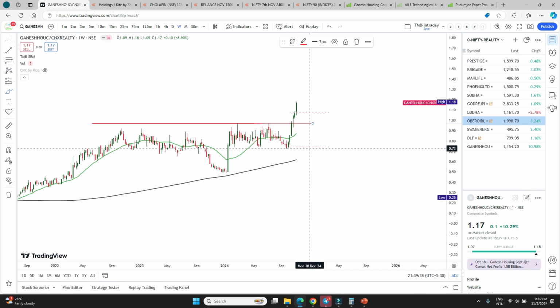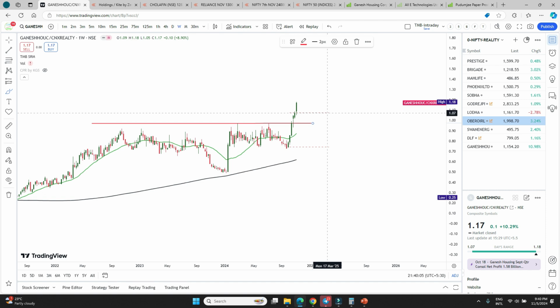For taking the entry, I need a pattern. I see the stock is breaking out of the previous high. At the same time, I wanted to check whether other stocks in the sector have similarities. Now I see two undervalued stocks, Oberoi Realty and Ganesh Housing, both trading at all-time highs.